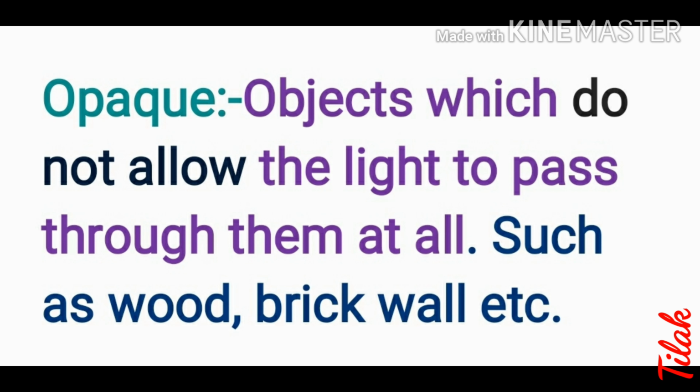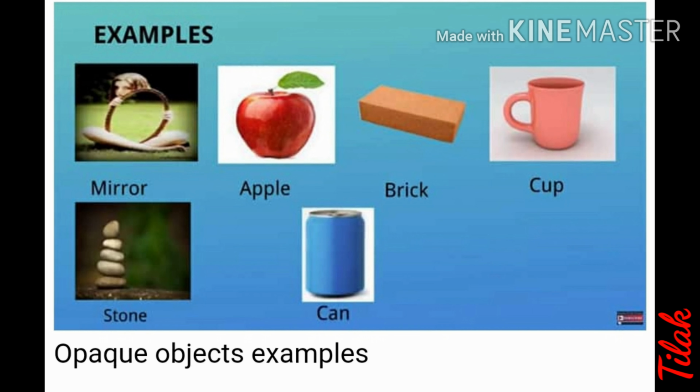But we see partially. Now, what about those objects which do not allow the light to pass through them? What are they called? Yes, they are called opaque objects, such as mirror, apple, brick, cups, tin cans, etc. They do not allow light to pass through them.